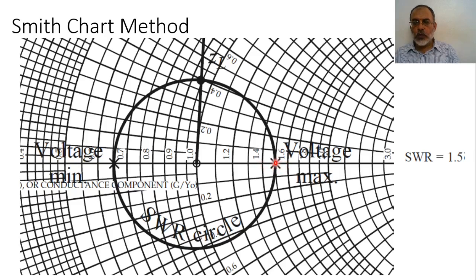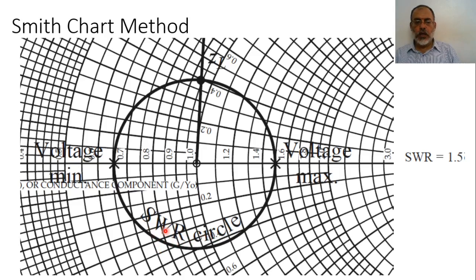So this point is 1.5. So this point corresponds to the standing wave ratio 1.5. Now we can draw the constant gamma circle of such a standing wave ratio. Effectively, the load impedance would be some point on this constant gamma circle, or standing wave ratio circle.